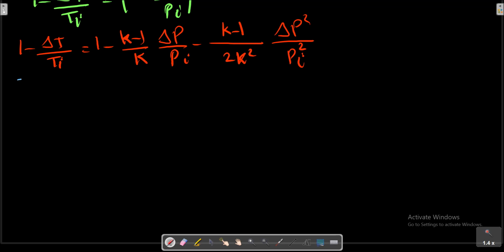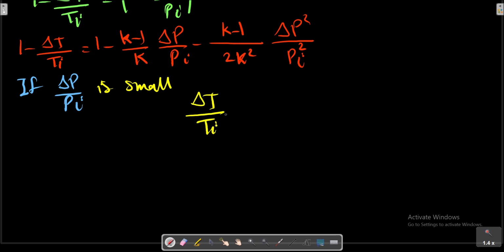If delta P on Pi is small, delta T on Ti is approximately delta P on Pi.